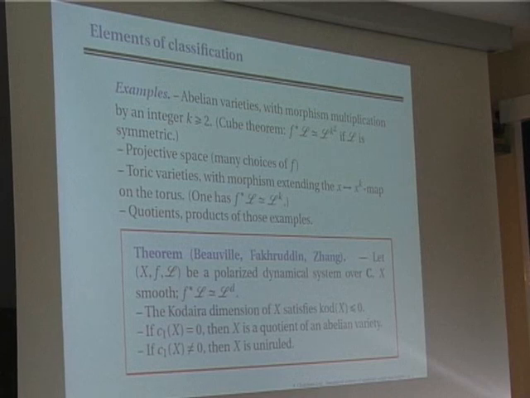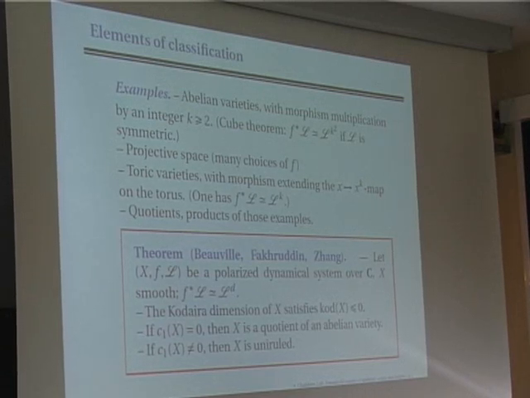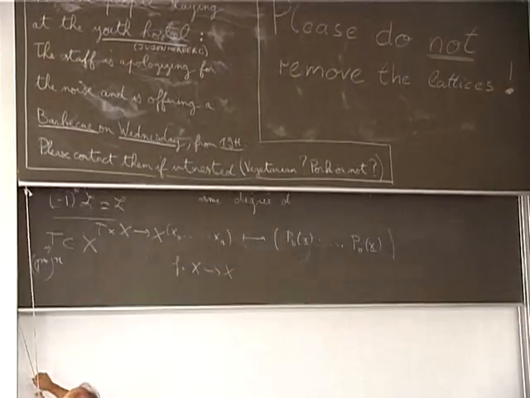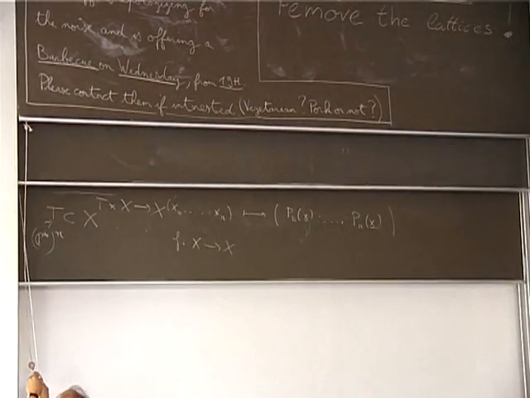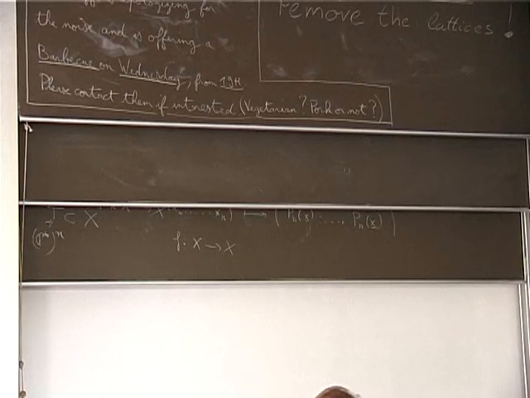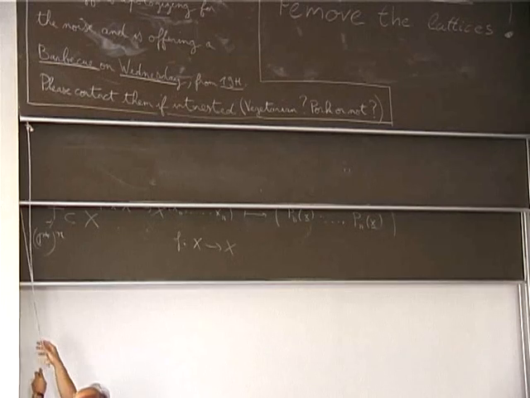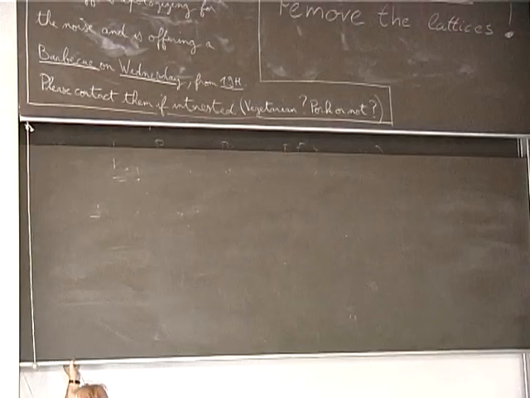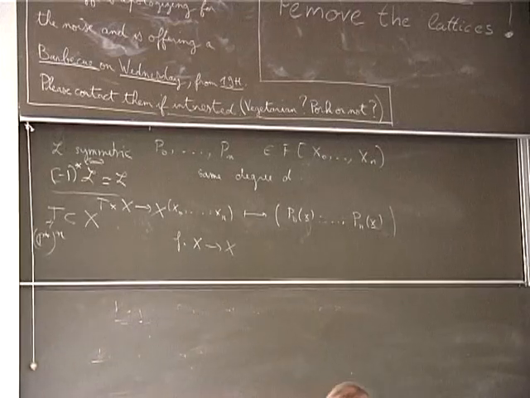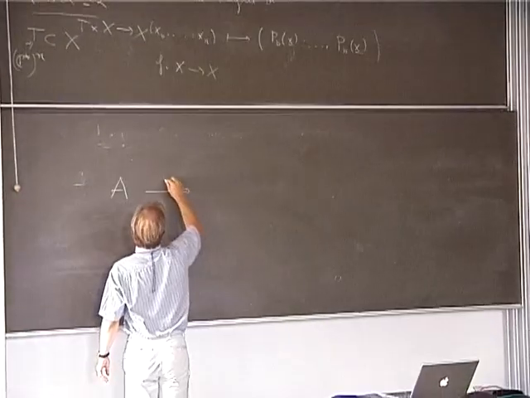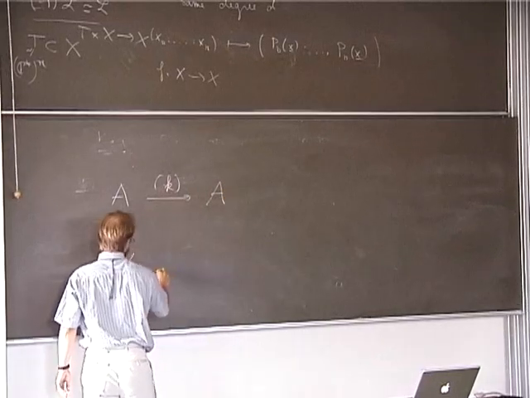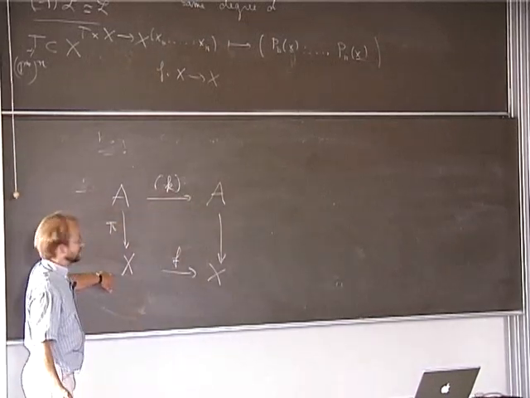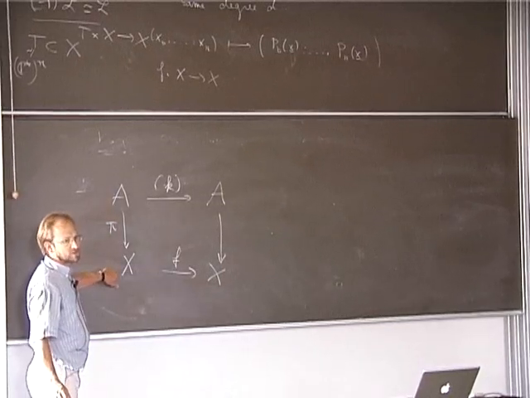So if A is an abelian variety, and you look at the multiplication by k map on A, then your dynamical system is just a quotient, meaning that there is a finite map pi from A to X. In fact, X is a quotient of A by a finite group.